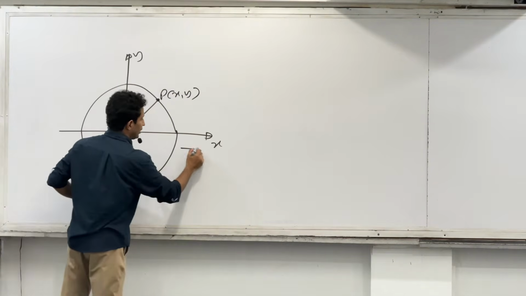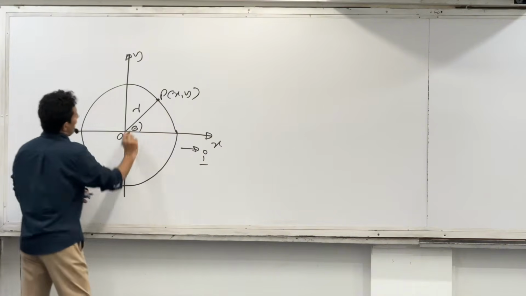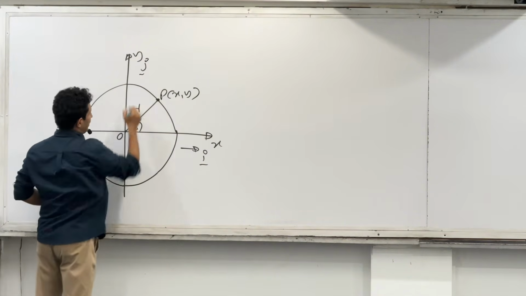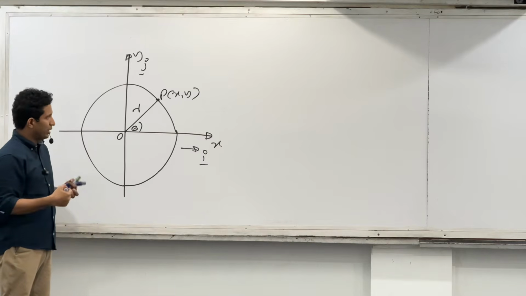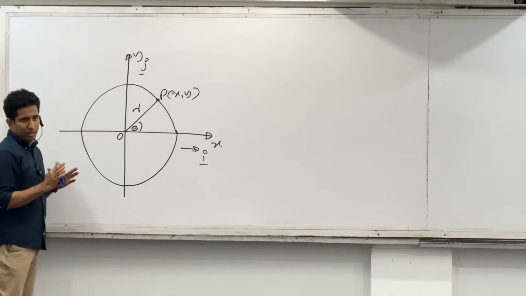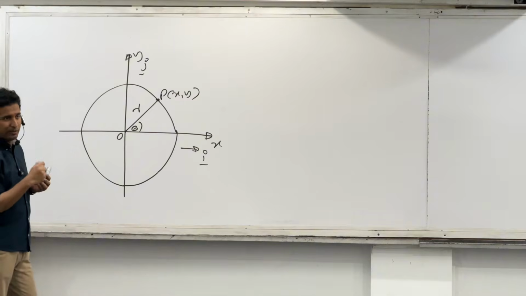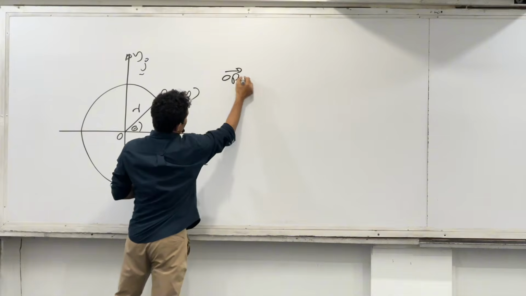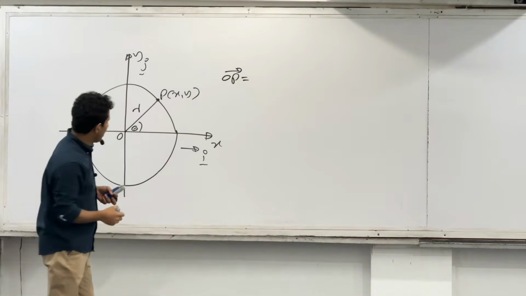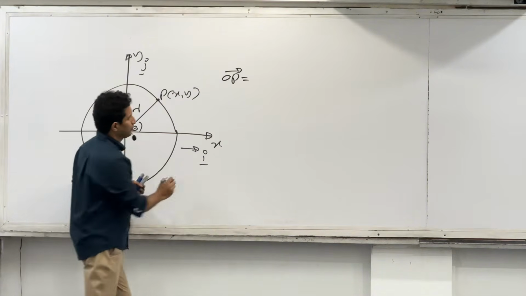You know that the unit vector in this direction is i and the unit vector in this direction is j. Standard definitions, right? Now what is OP? OP means the displacement of P relative to O. Now OP equals xi plus yj.